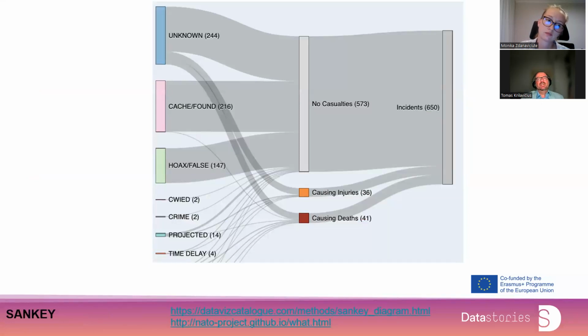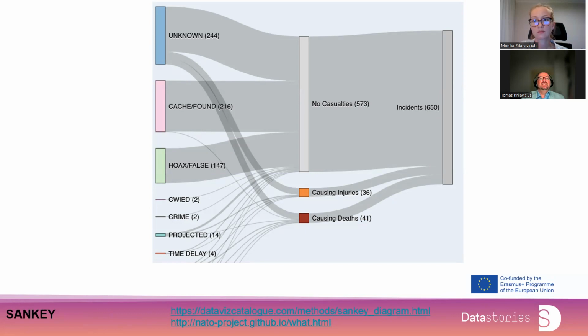And of course, we can have a lot more complex visualization tools, so-called Sankey diagrams. So basically, we take this example from our colleagues from Canada, and they built a visualization of 2014-2015 Ukrainian events about improvised explosive devices.